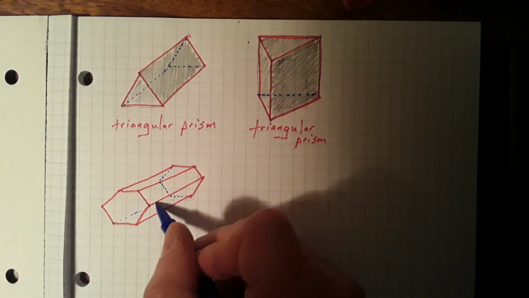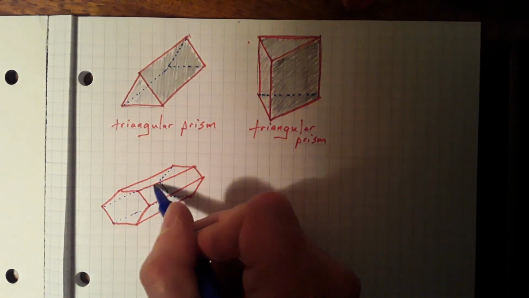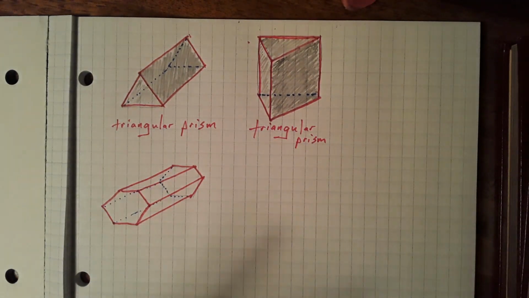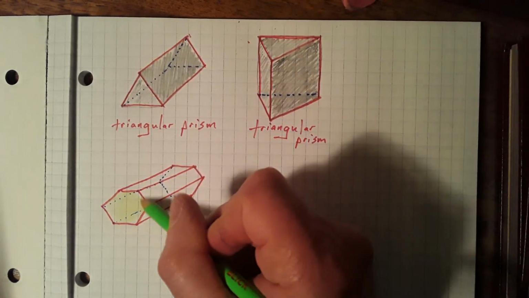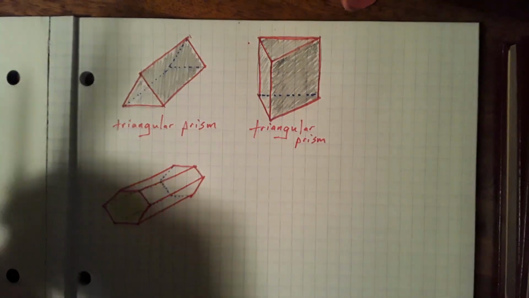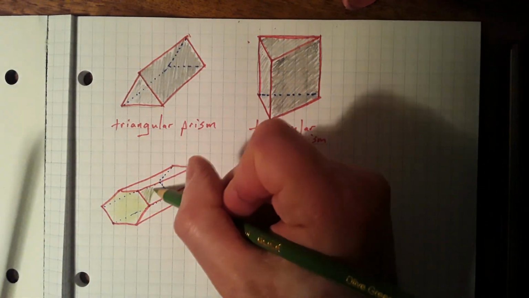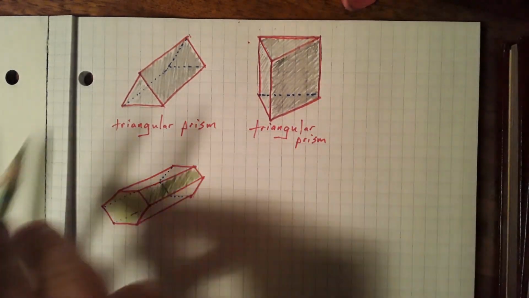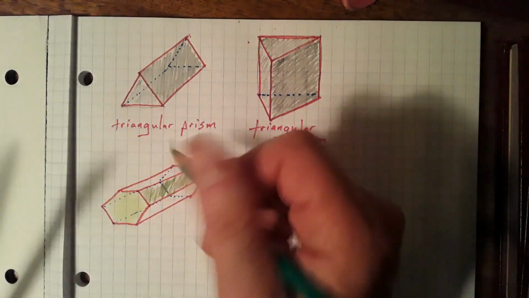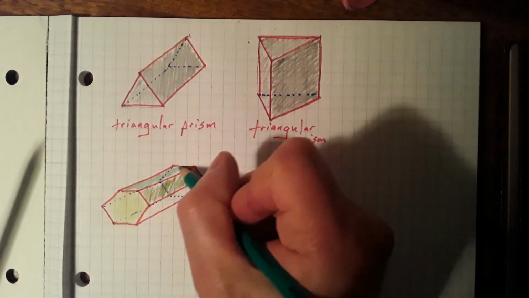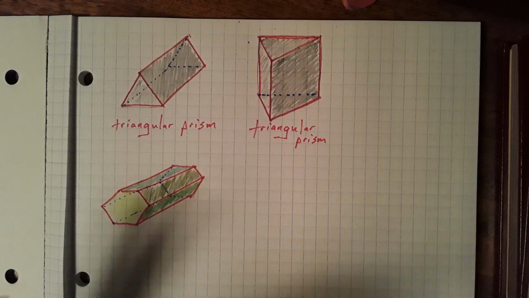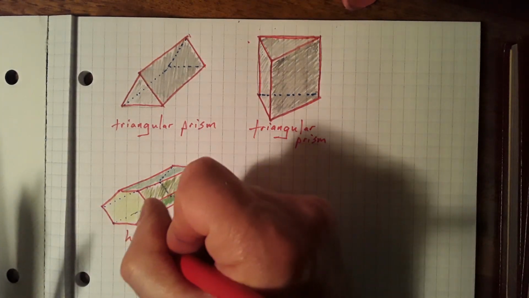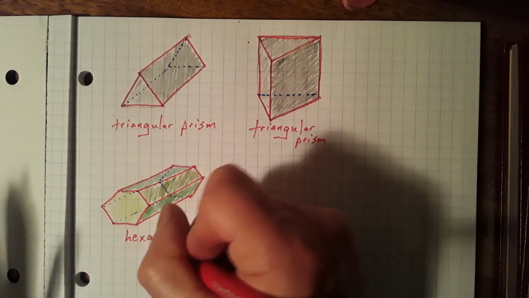This one has so many hidden edges that some of them overlap with each other. I'll draw this one in color, why not? I think this is fun to do. So hopefully you're enjoying it. And who knows what that green hexagonal prism could be used for.